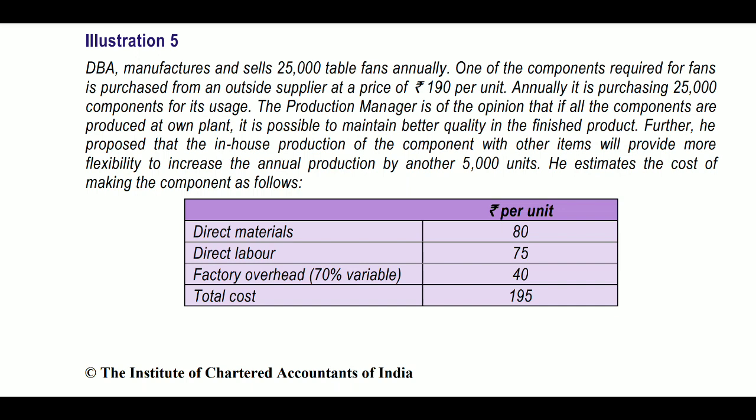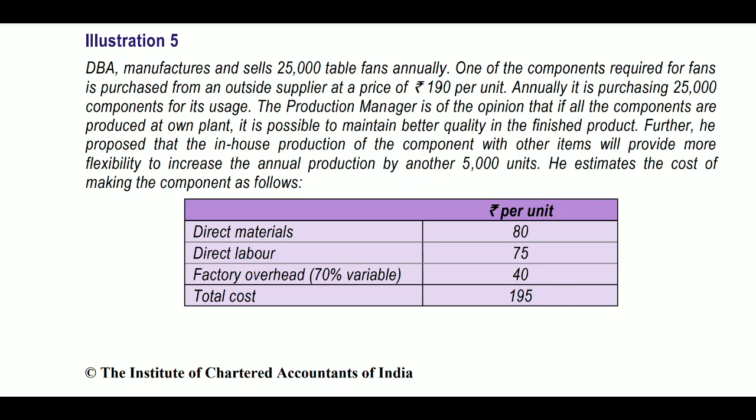Annually it is purchasing 25,000 components for its usage. So for one fan we need one component, so we are purchasing 25,000 components. If we purchase from outside, that cost is 190 rupees.